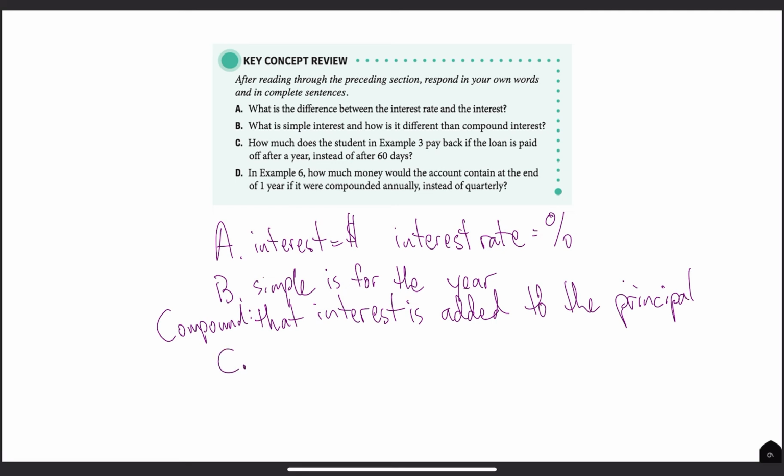C, how much does the student in example 3 pay back if the loan is paid off after a year instead of after 60 days? Ooh, so instead of, what was it, $600 at 4% for a whole year, which would be 360 out of 360, so 1.